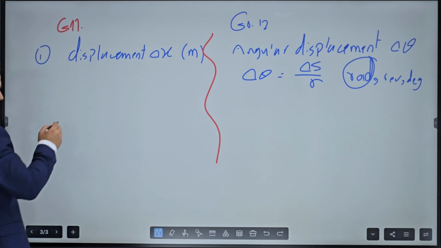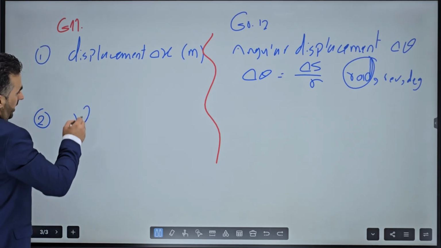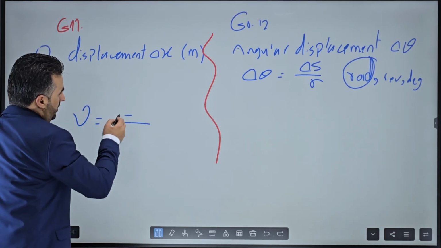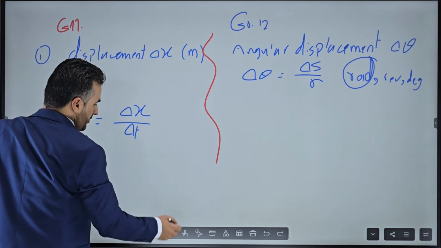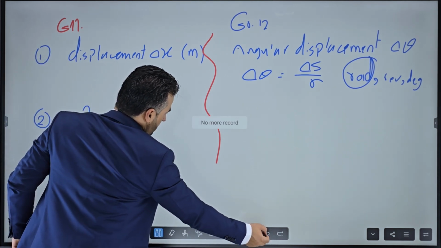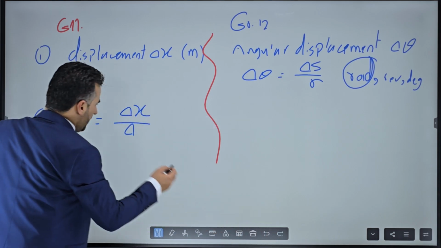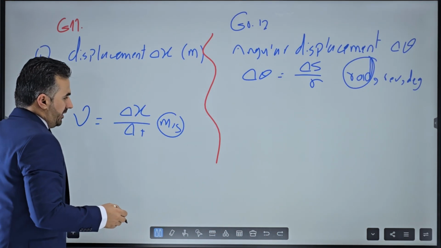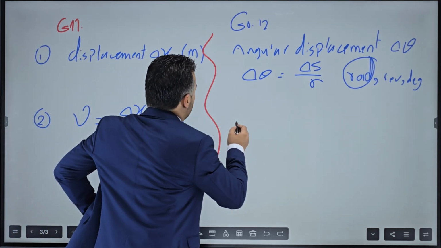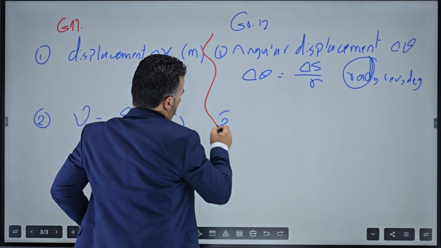The second thing that we had was velocity. Velocity can be found by using change in displacement divided by the time, and it was measured in meter per second, the SI unit here. What about here for rotation? Let's just make this one number 2.